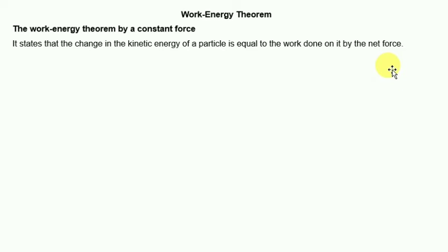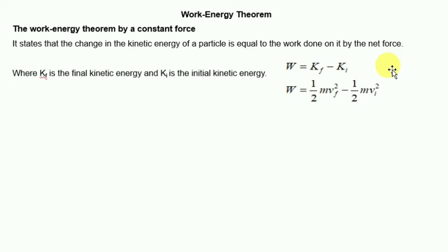So consider this equation, W equals Kf minus Ki. This is the final kinetic energy, and this is the initial kinetic energy. Just by the difference of final and initial kinetic energy, we can find the work. So this is the work energy theorem.